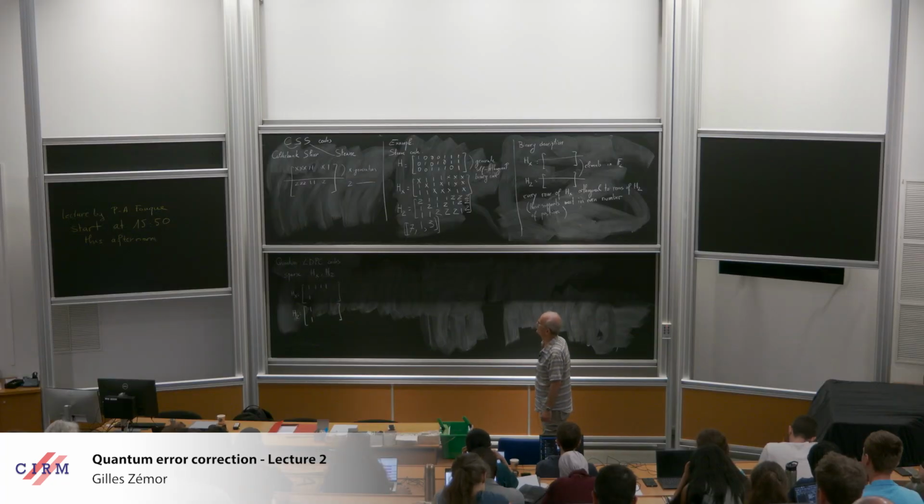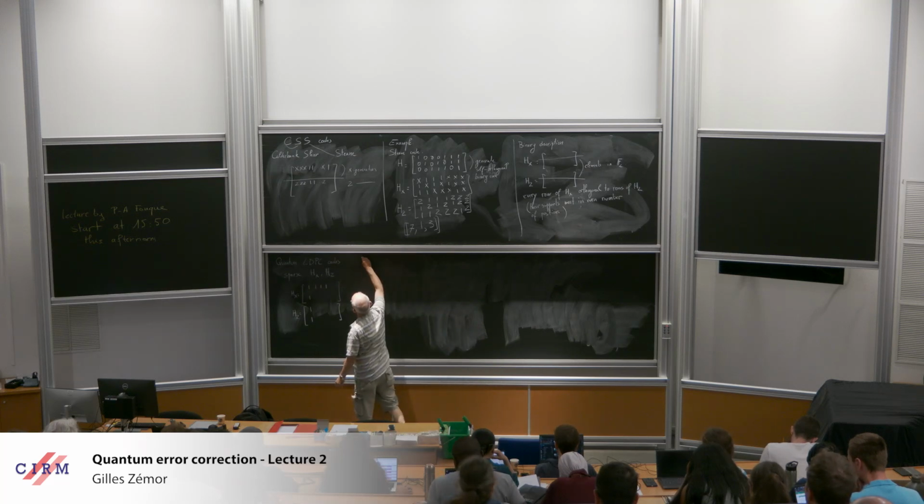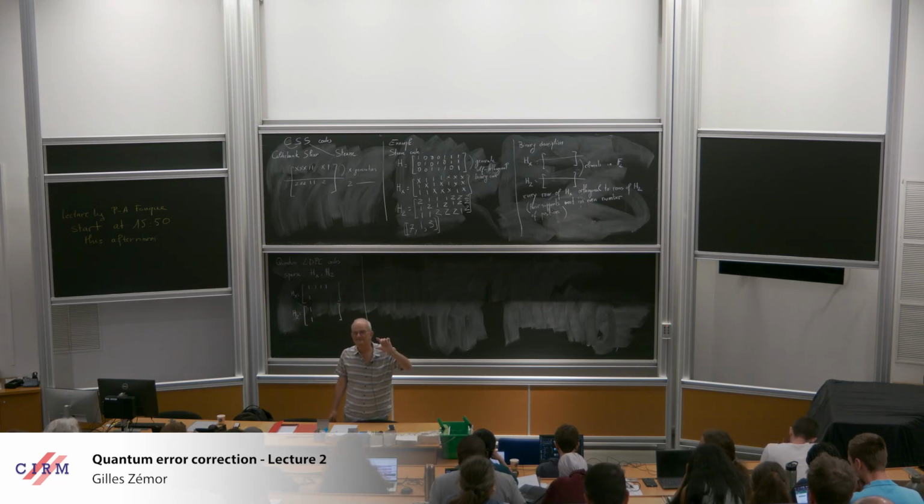So, for example, we could try and do 4. Remember, if we're only looking at HX, 2 ones per column means that we're looking at the incidence matrix of some graph, and same thing for HZ.